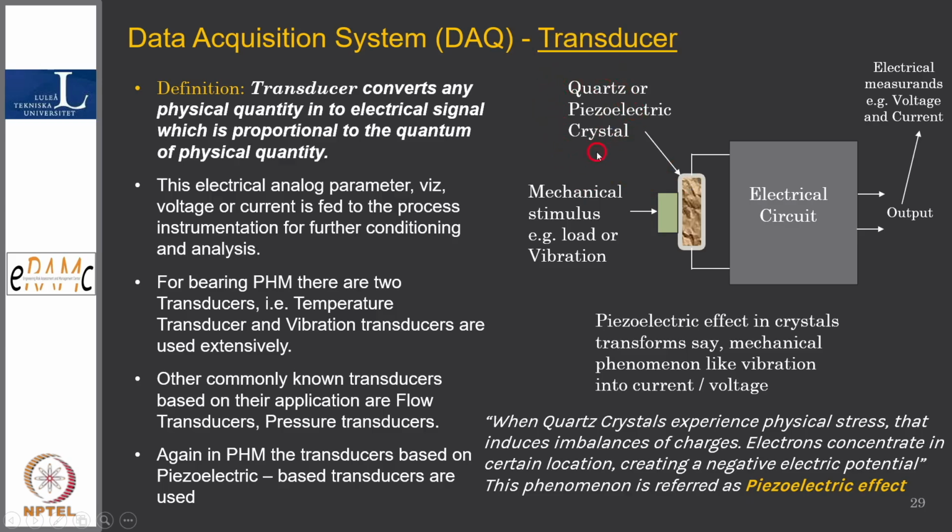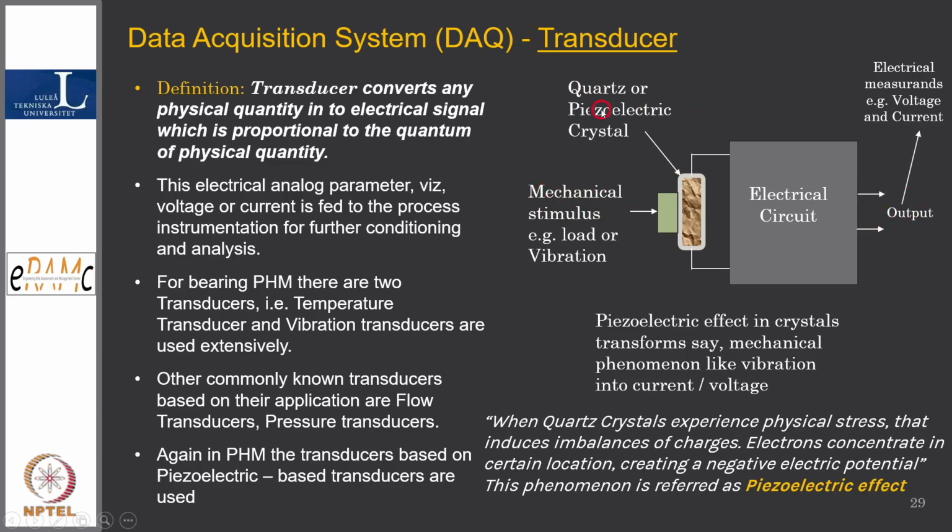Piezoelectric is a special material, a crystal, which I am representing here. If you apply a mechanical force here, it will generate some electrons, and those electrons will go through the electrical circuit and provide the output. So that means we have converted mechanical energy into electrical energy.